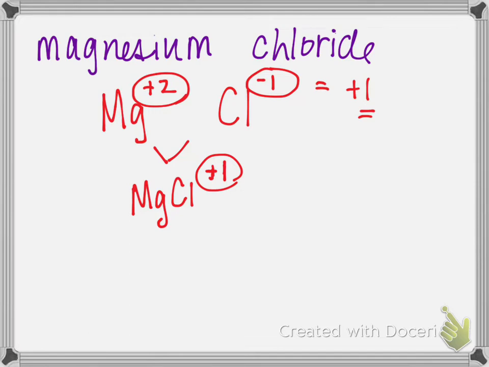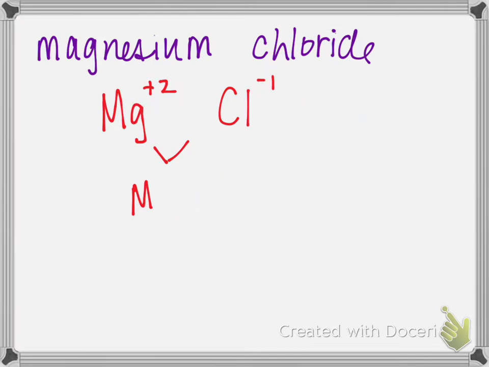So I can't just put them together, MgCl. It doesn't work like that because it doesn't give me a neutral charge for my molecule. So I've got to go back and readjust how I'm going to put these together. I've got to figure out how many magnesiums it takes to balance the chlorine, or how many chlorines it takes to balance the magnesium.